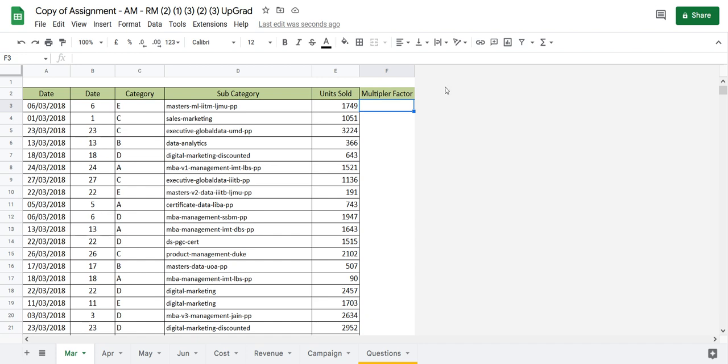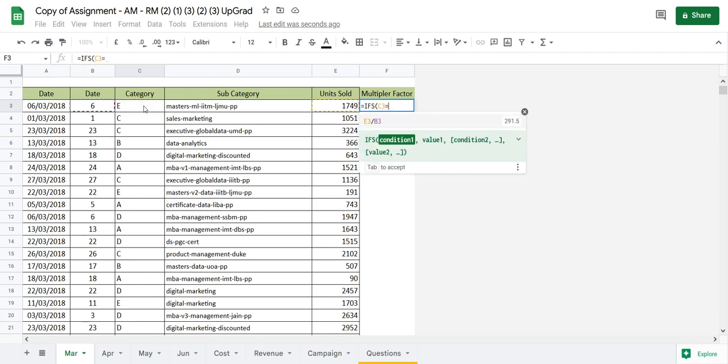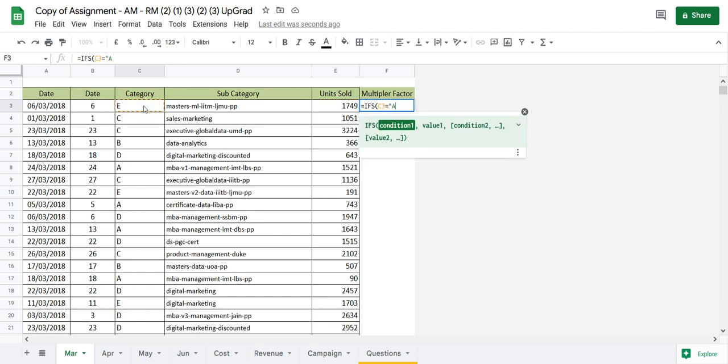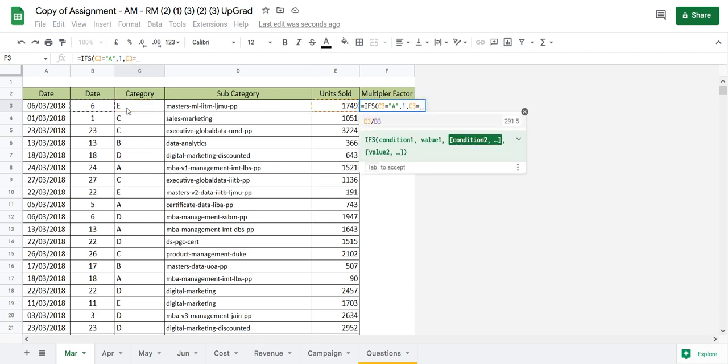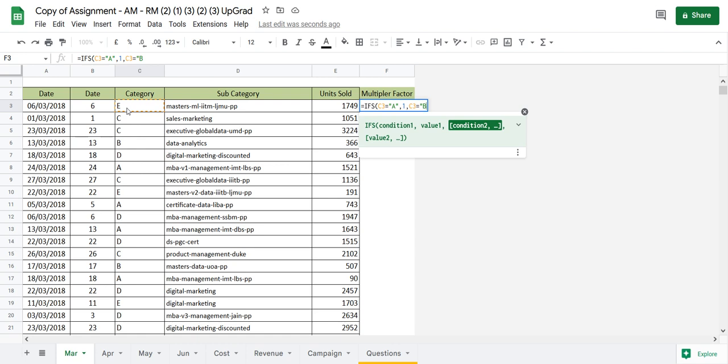So we can use an if else statement. I'll type IF. The condition is, if this particular cell is equal to A, then the value will be 1. Similarly, if this cell is equal to B, the multiplier factor will be 2.